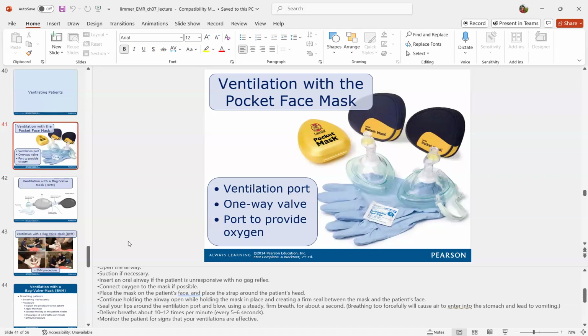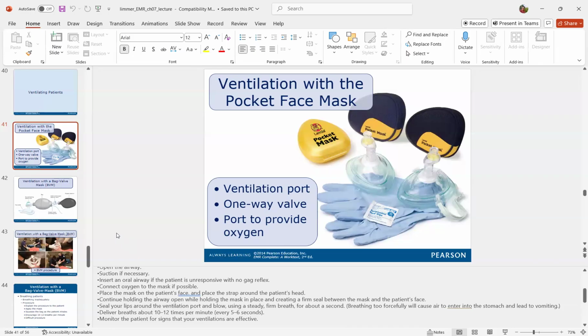We're going to continue to hold the airway open while we're breathing into the mask and create a firm seal between the mask and the patient's face. We're going to seal our lips around the port and blow using a steady, firm breath for about a second. We don't want to breathe too forcefully. Some of that air will miss the lungs and go to the stomach. That can lead to vomiting.